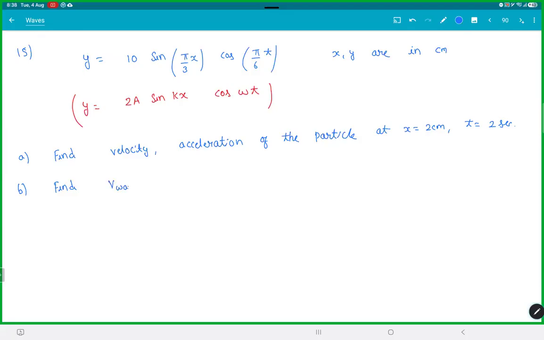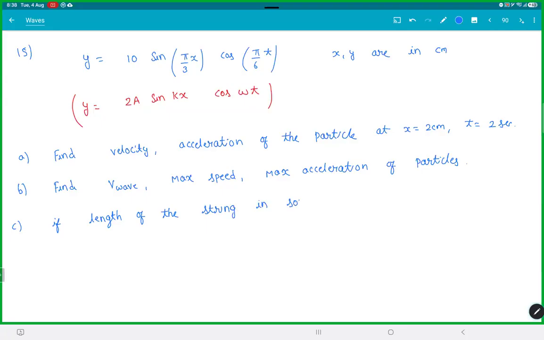Find v wave, find max speed, and max acceleration of a particle. The length of the string in the sonometer is 30 centimeters.